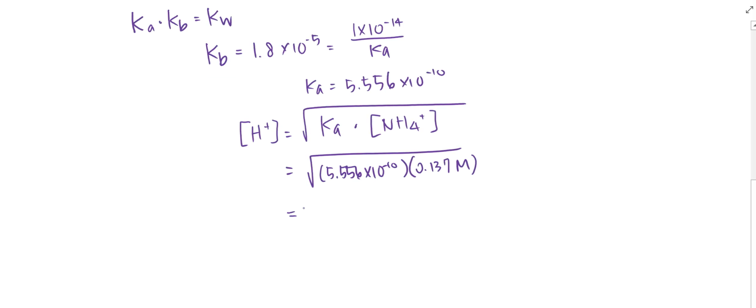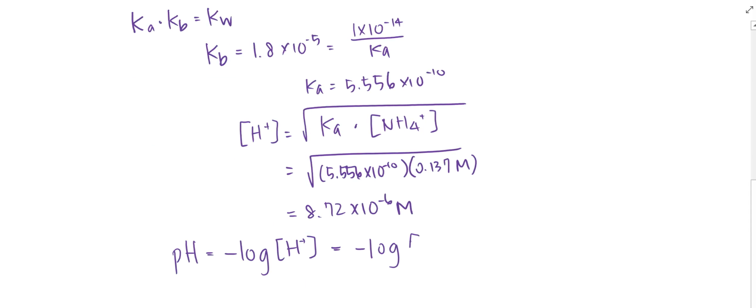If I do the calculations, I get the H+ concentration, which ends up being 8.72 times 10 to the negative 6 molarity. Can I plug this into my pH equation? Yes, I can. It's just going to be negative log of 8.72 times 10 to the negative 6 molarity, and I end up with 5.06.